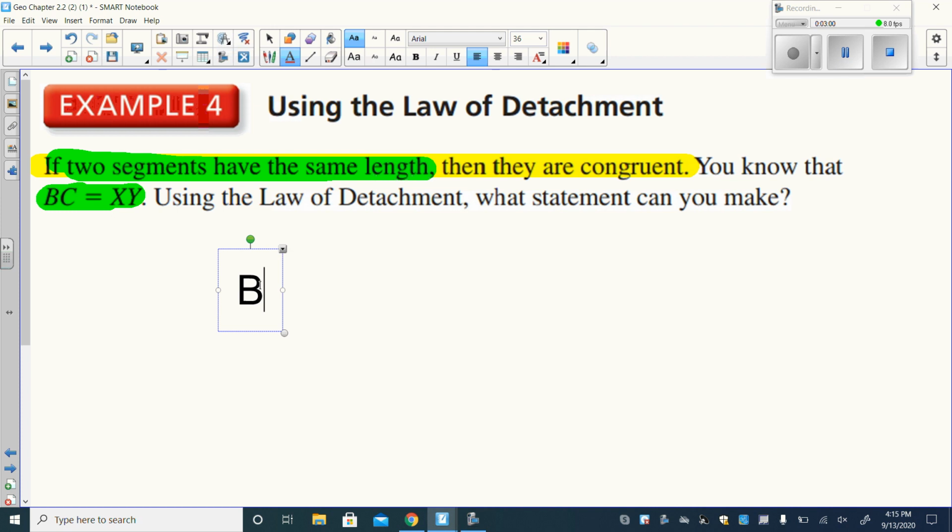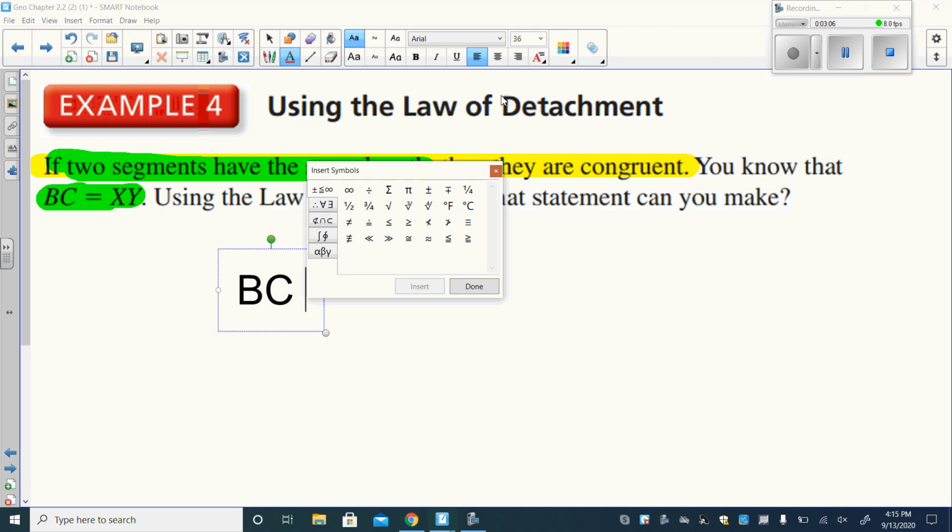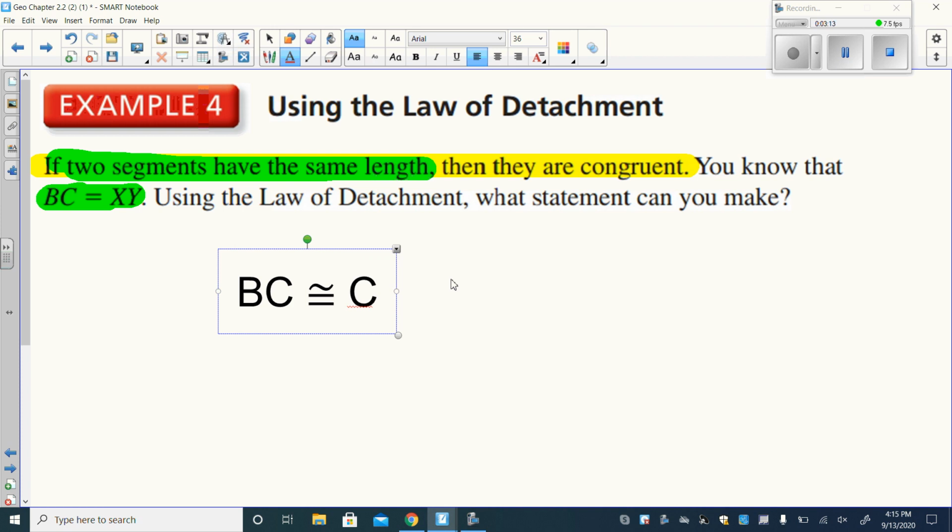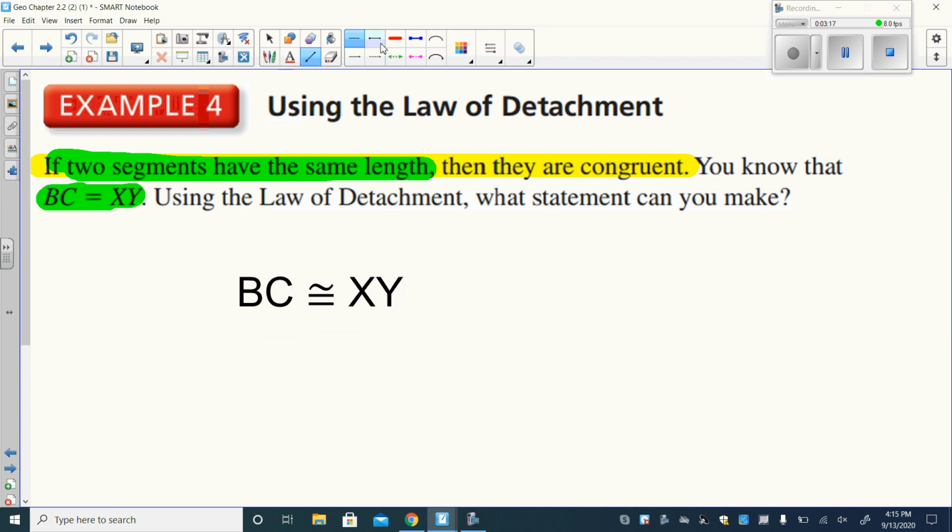So we're saying that BC is congruent to XY. And then again, when we do these, we have to do the line above it because it's a segment. And that's it.